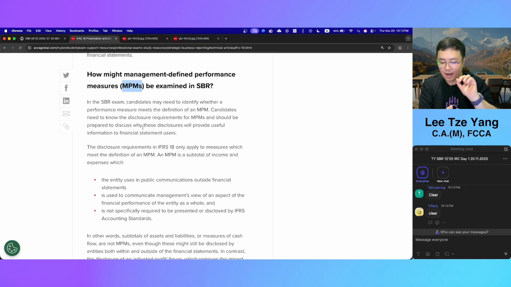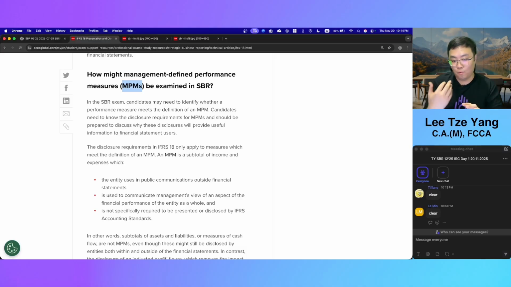Now, IFRS 18 is like this. They ask this question: does this company have MPM or not? Yes or no? Which type of company normally applies IFRS? Listed companies. Non-listed can apply also, but most are actually listed entities. Will a listed entity publish MPM outside the financial statements, such as in the newspaper, articles, on their website, or in their annual report?